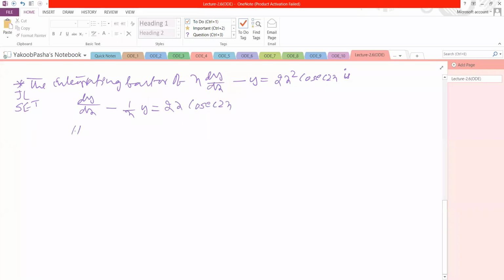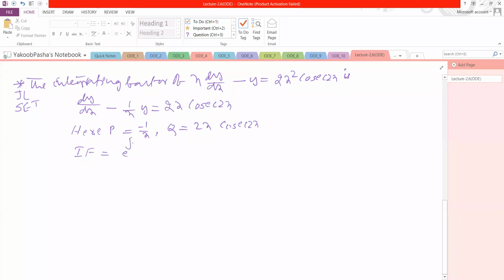Comparing with dy by dx plus p into y is equal to q, the p value, the coefficient of y, is minus 1 by x, and the q value, the outside term, is 2x into cosec 2x. But we have to find only the integrating factor.